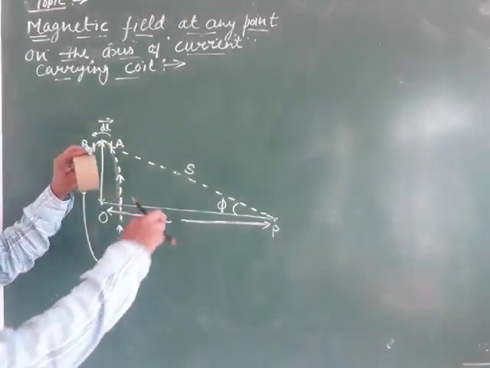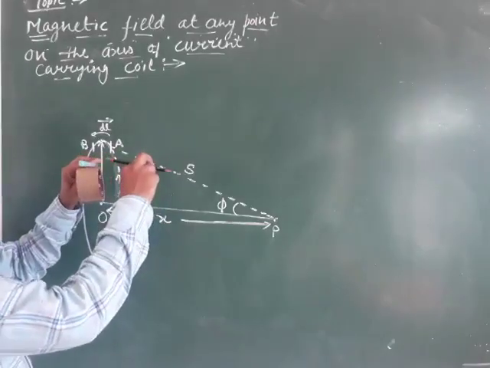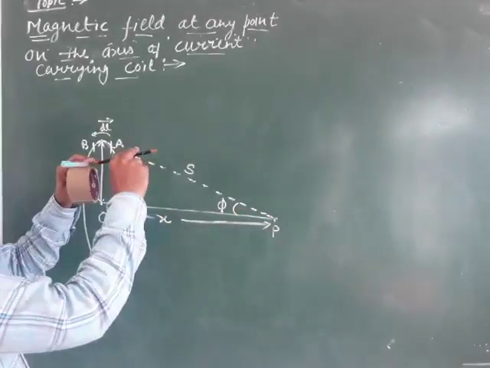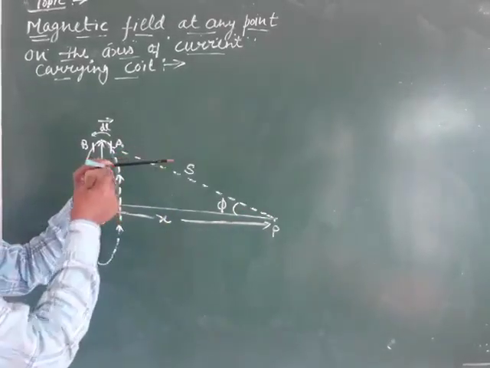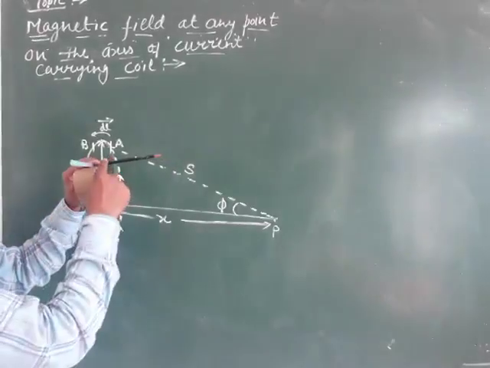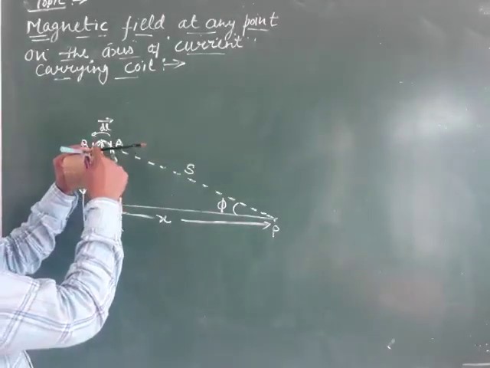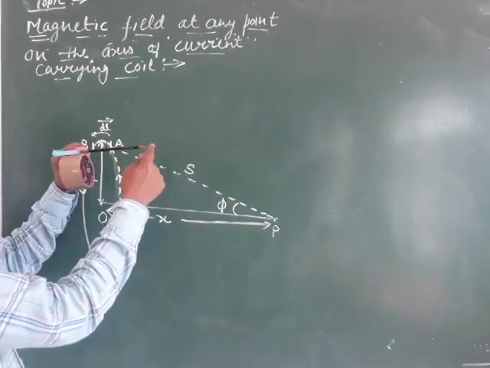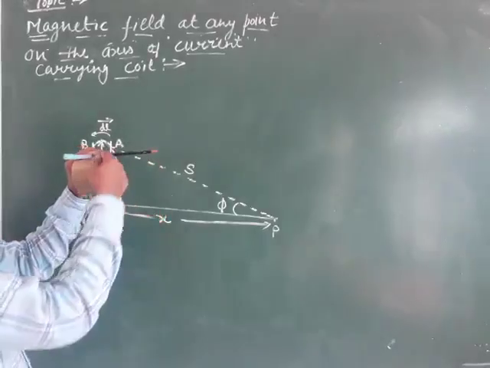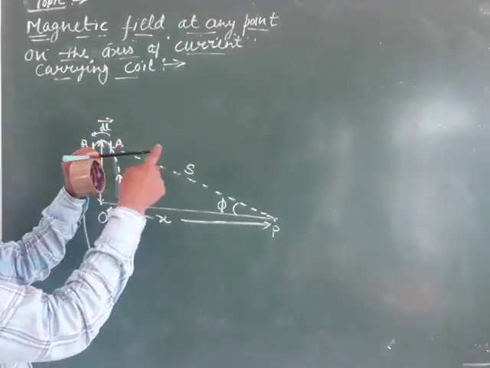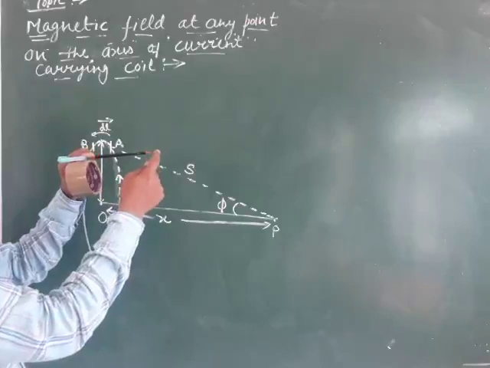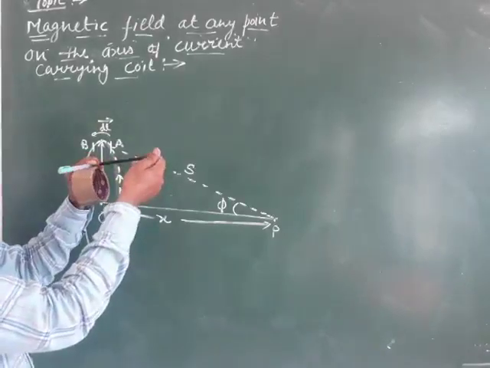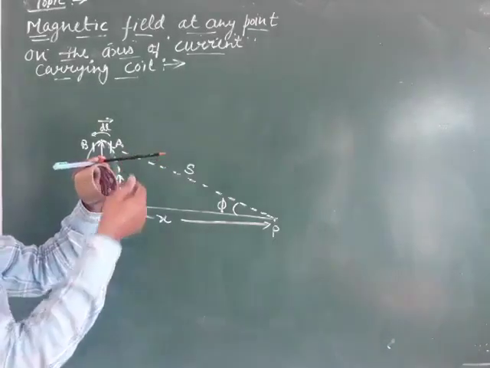We need to find the magnetic field intensity at this point. The current element direction is this side, and the point where we need the magnetic field is this. So the angle between the displacement vector and the current element is 90 degrees.